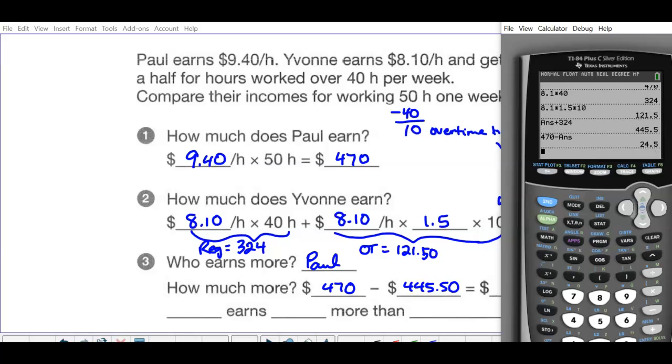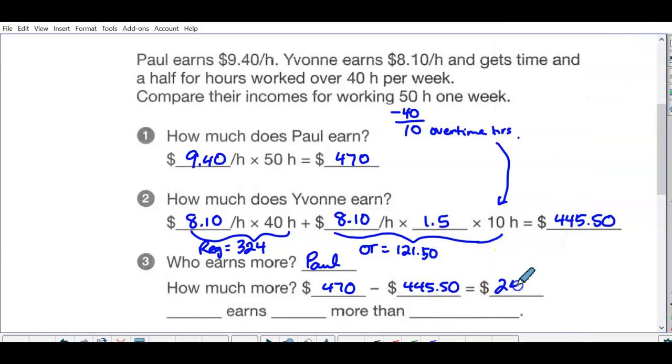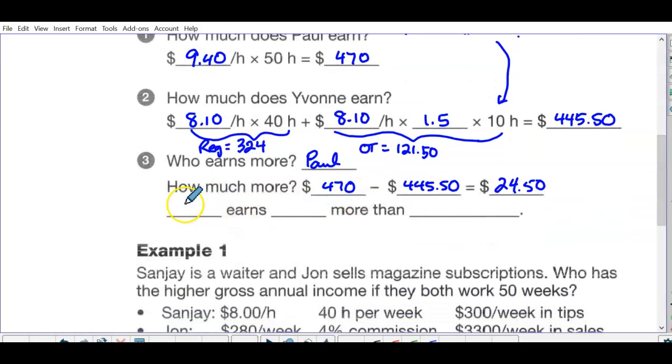Okay, and it will put it in there for you. So 24.5, which is $24.50. So Paul earns $24.50 more than Yvonne.